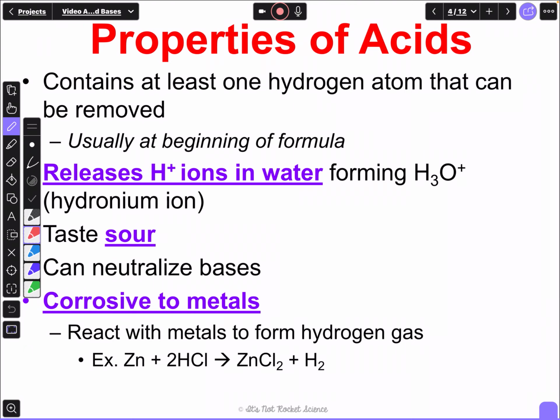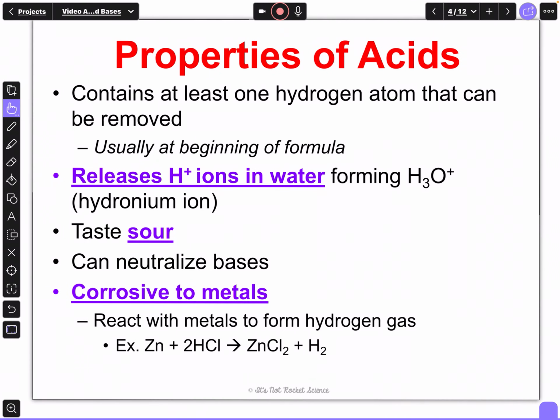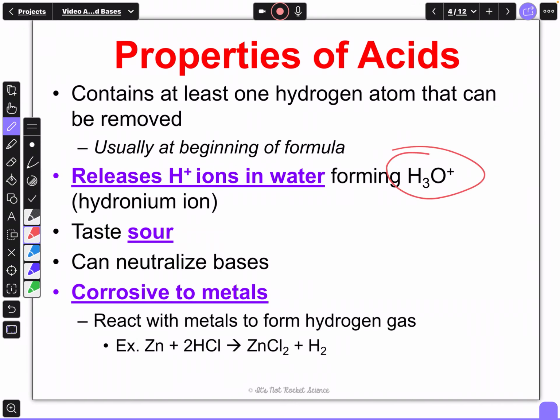All right, so some properties of acids. They contain at least one hydrogen atom that can be removed, usually at the beginning of the formula. They release hydrogen ions in water, which we already said. And when an acid forms in water, it forms the hydronium ion, so make sure that you know that. H3O plus, which a plus without anything is just a +1.